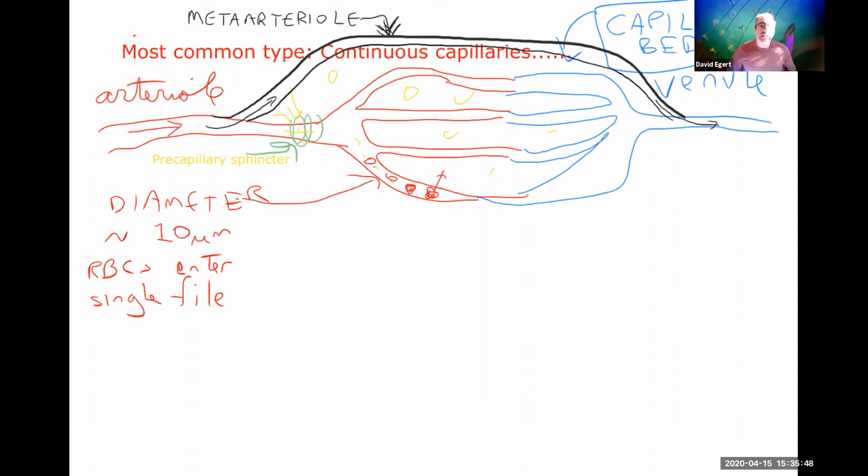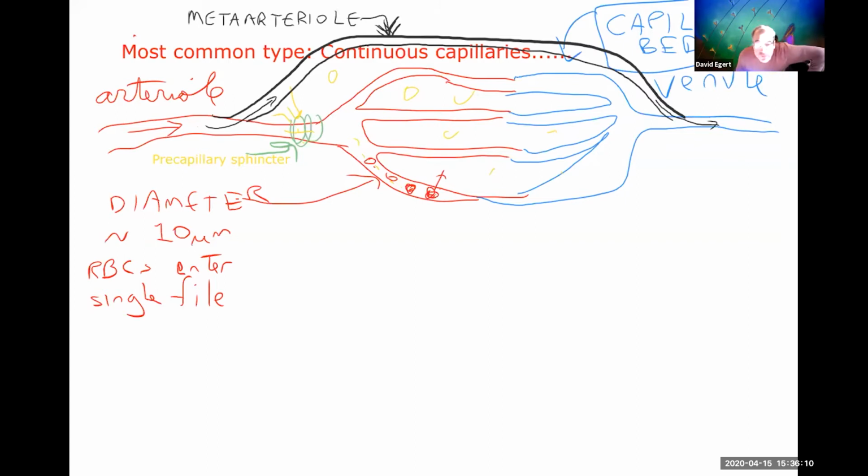Right, so even if the capillary bed is closed, there's still going to be some minimal flow from one side to another. So that is your classic continuous capillary bed.